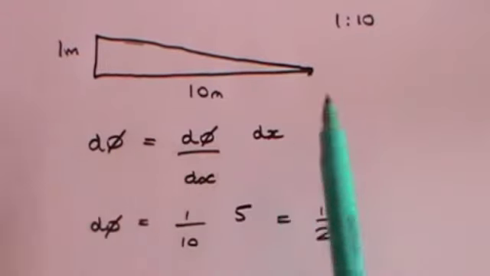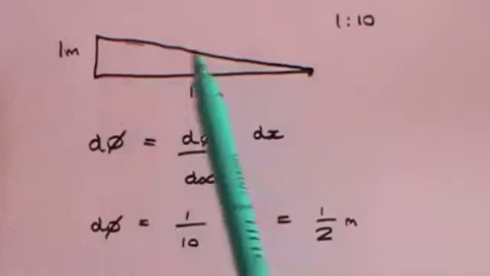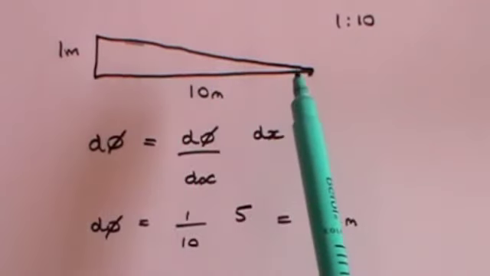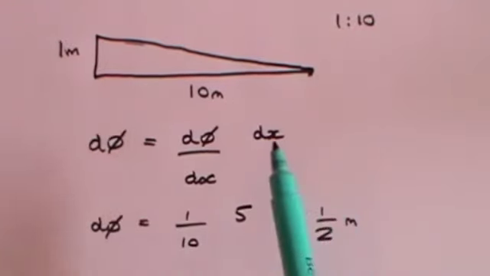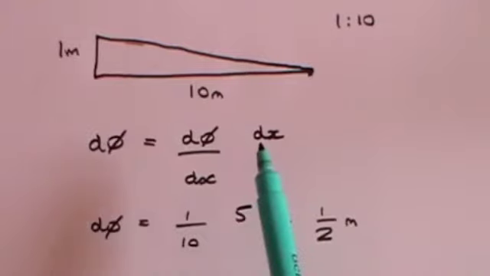Now clearly in my field I'm not going to have clear gradients like this because it's a very bumpy and irregular field. But over a very, very small distance, which is why I've put dx and d phi, that will be true. But as I said, direction matters.